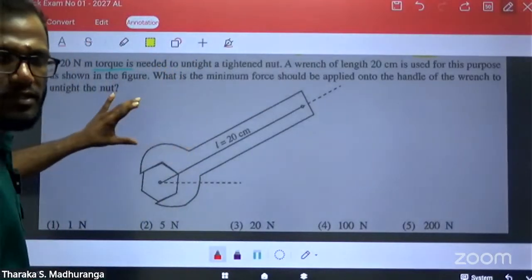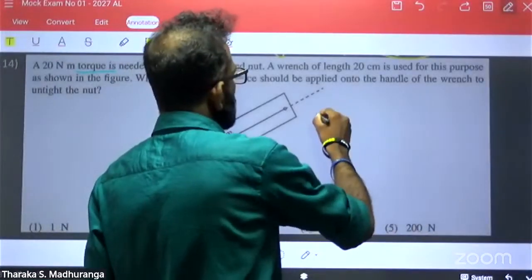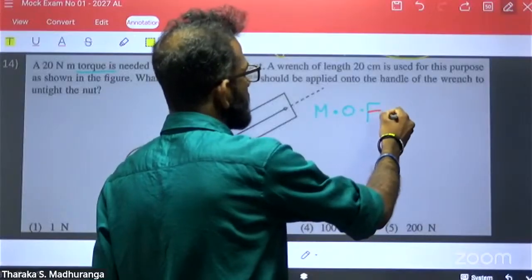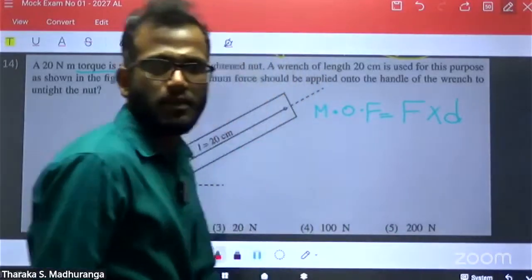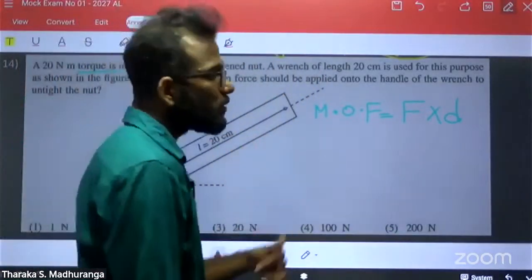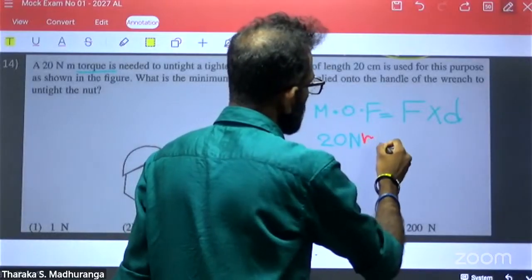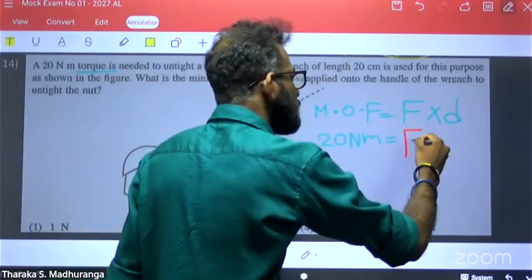Very simple question. The moment of force or torque equals F into D, that you already know. The moment of force value required is 20 Newton meter. The applied force is what is asked.